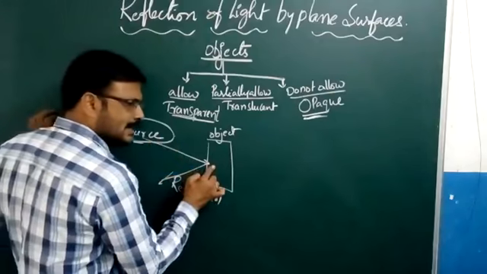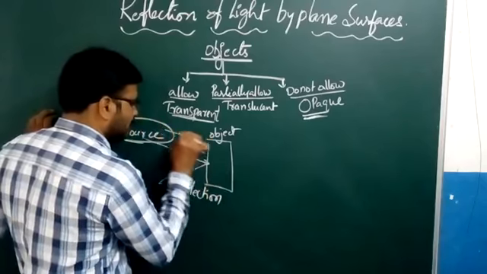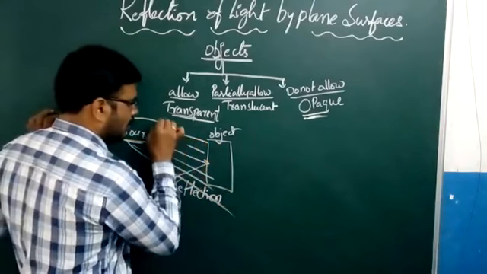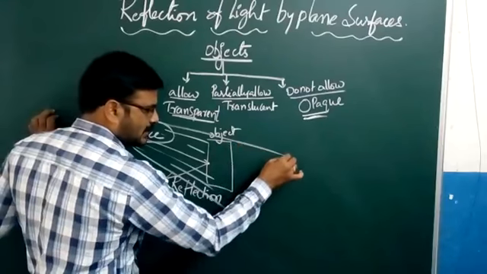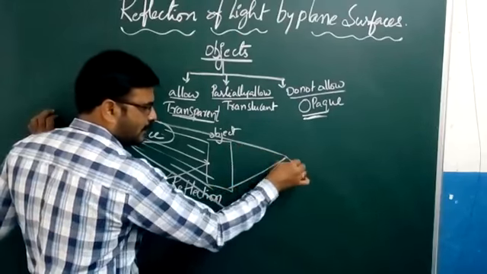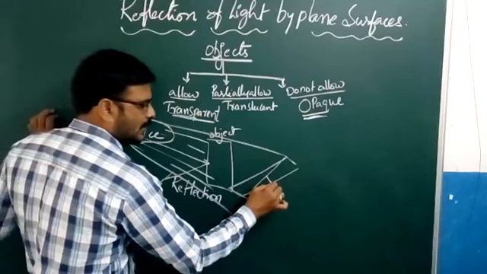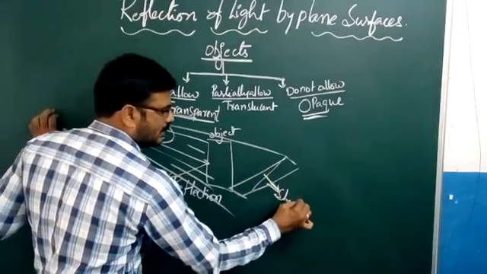So when the light is not allowed to pass through the object, from the source all the light rays will be coming over here. So this object will form its shadow over here.